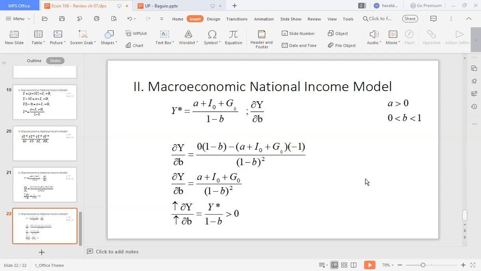Okay, so again, this tells us, class, that if there is a small change in the marginal propensity to consume, it will have a huge effect on the national income.